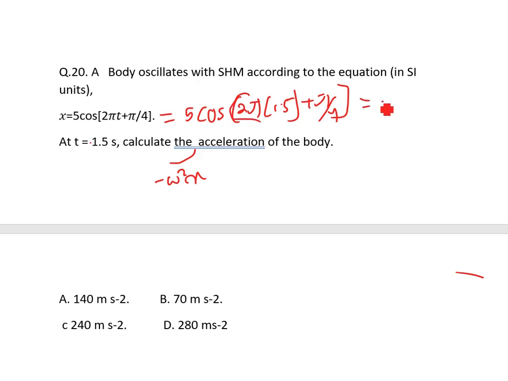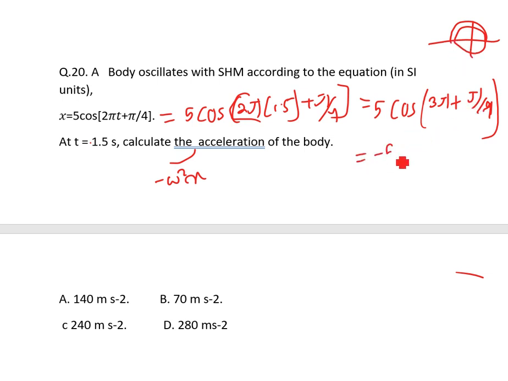It will become 5 cos(3π plus π/4). For 3π, by the formula, it will become minus 5 cos π/4, whose value is 1 by root 2. So its answer is minus 5 by root 2. So I get the x value as minus 5 by root 2.